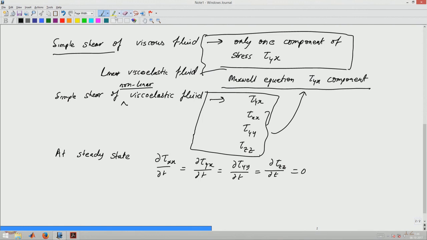Let us just highlight again: if we have a viscous fluid or a linear viscoelastic fluid, we will only have one component, which is the shear. However, if we have a non-linear viscoelastic material, then we have all 4 components of stress present in the material, and therefore, we can characterize the nonlinear response.